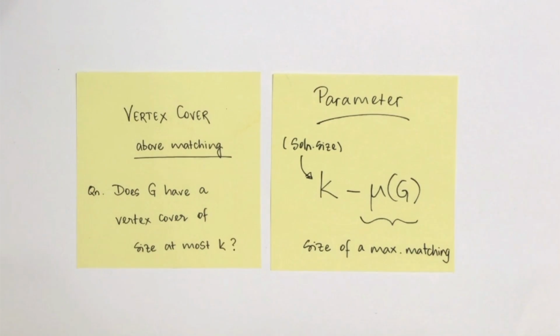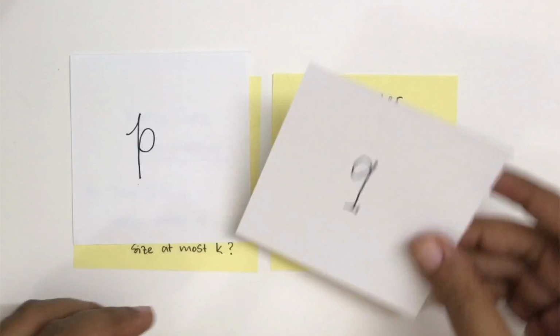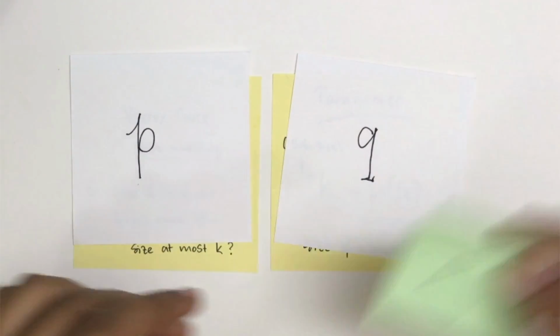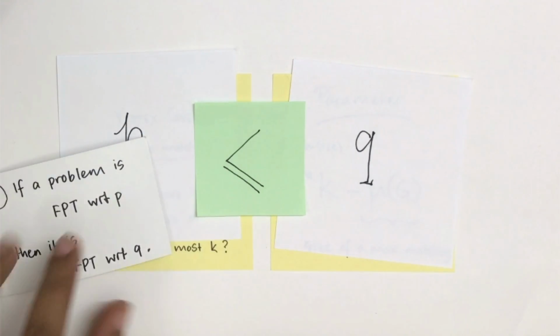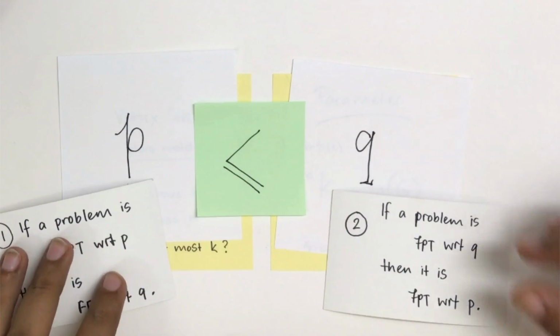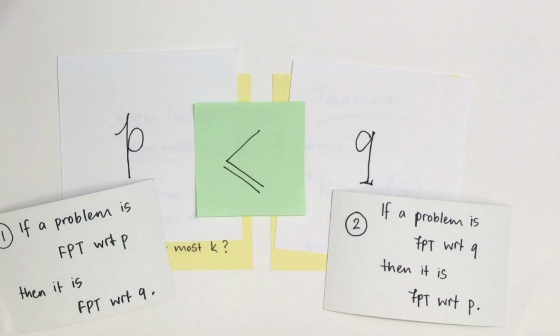So suppose you have two parameters p and q, and let's say you know that one of these parameters is always smaller than the other one or is bounded by the other one, right? So let's consider these two possibilities here. I want to claim that one of these statements is true.